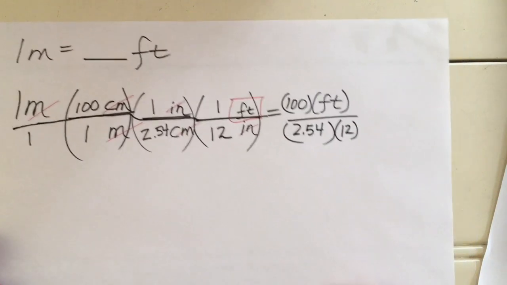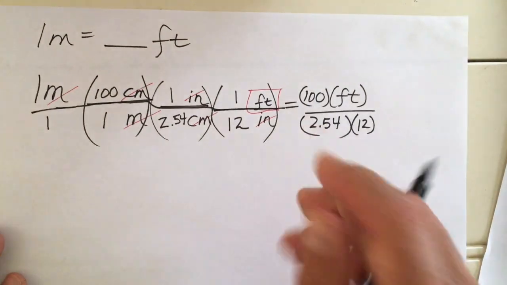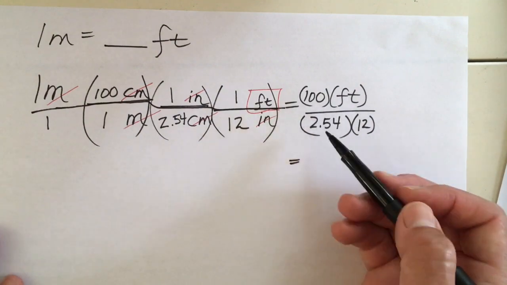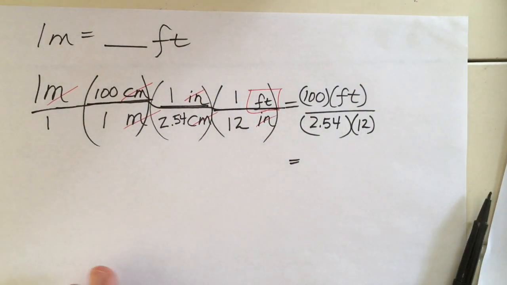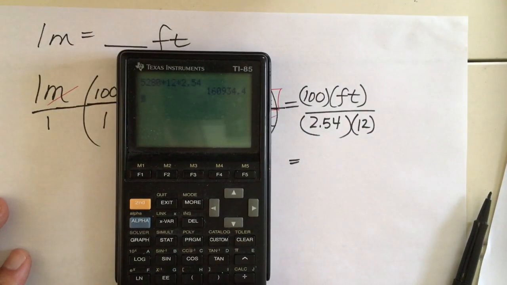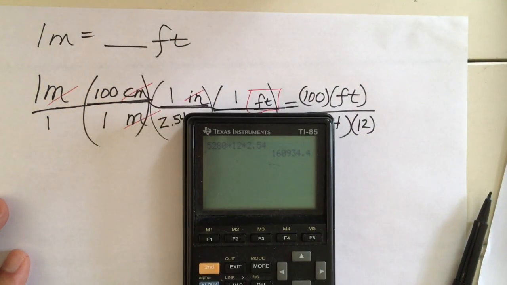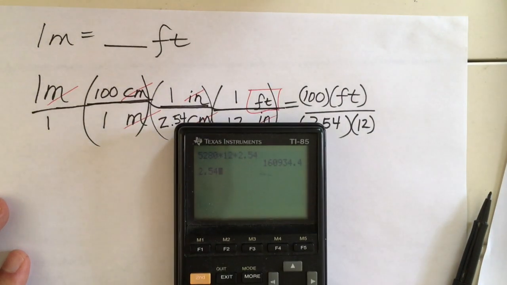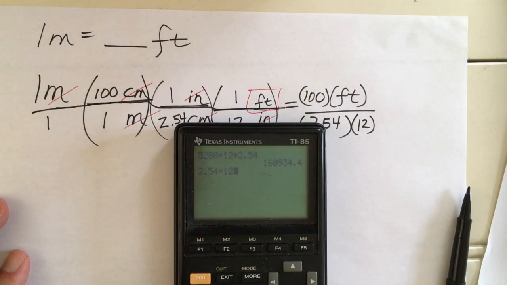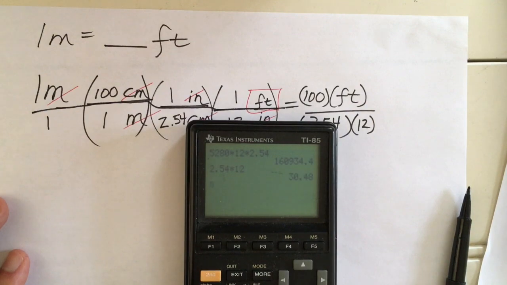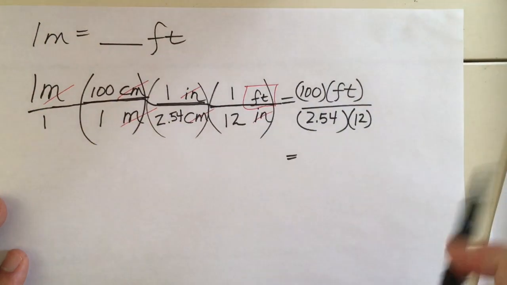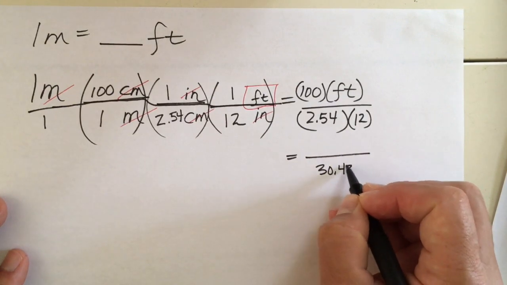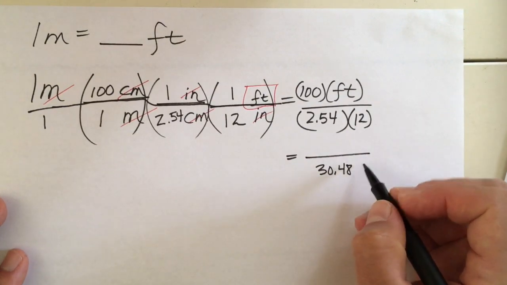All right, so that's what we have there. Let's simplify this. I'm going to multiply these two first because I don't always trust myself on my calculator using parentheses. And I know some of you with your calculators, when you take shortcuts, make mistakes. So I'm going to be careful and do 2.54 times 12, which is 30.48.